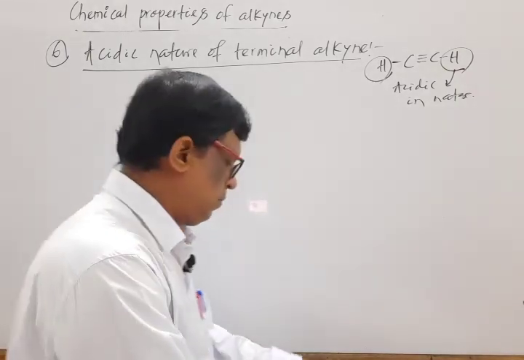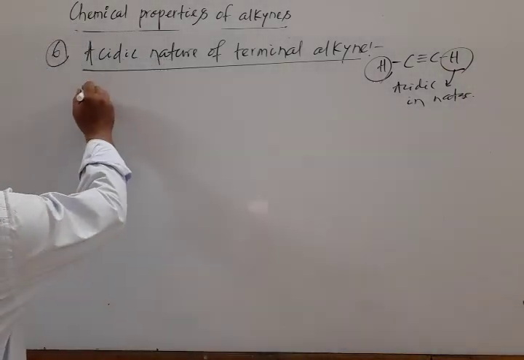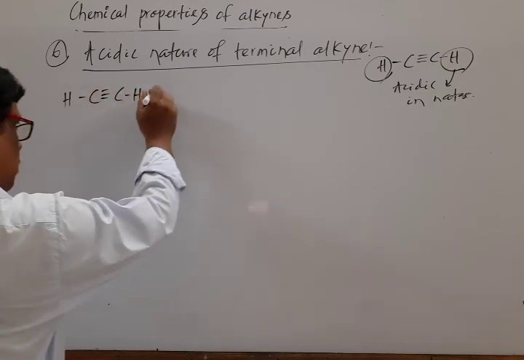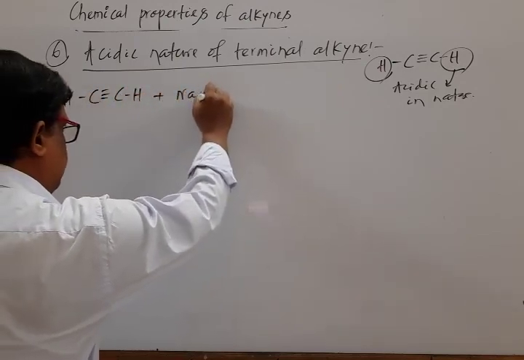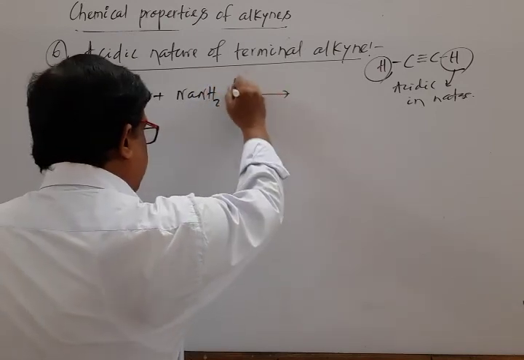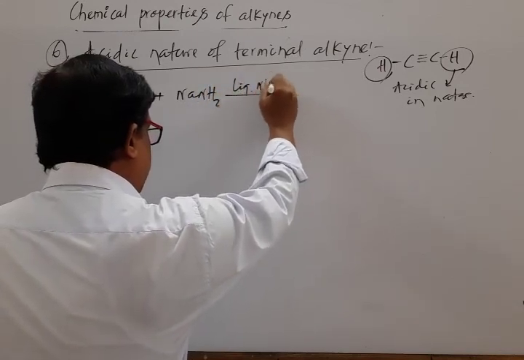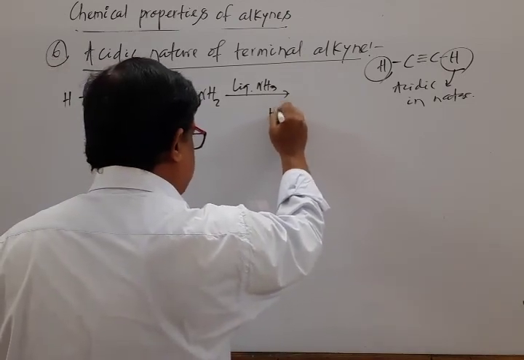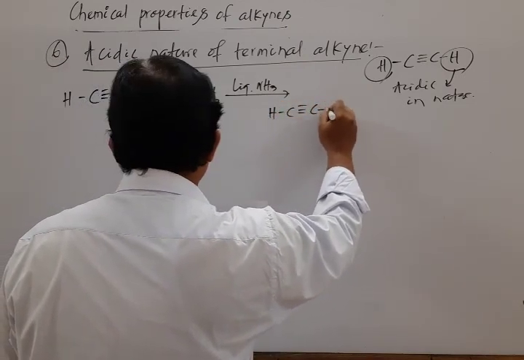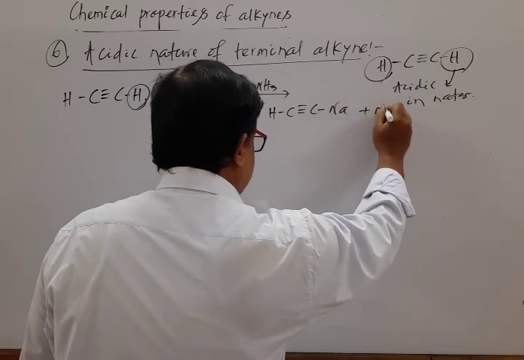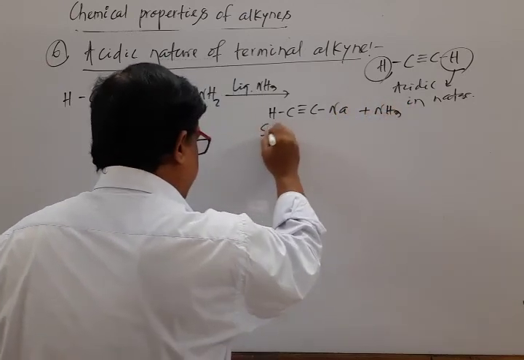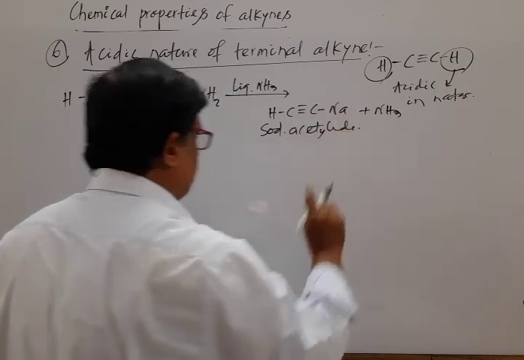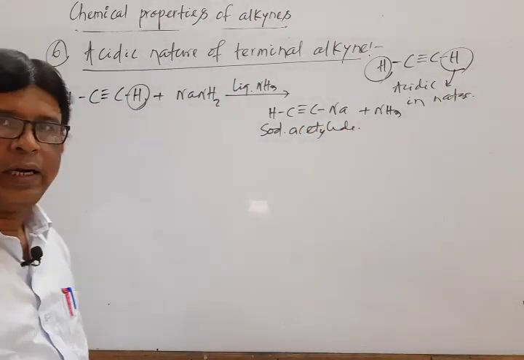Okay, so mark that. We select acetylene when it reacts with sodamide in presence of liquid ammonia. What happened? One terminal H is replaced, resulting in the formation of sodium acetylide. Okay.